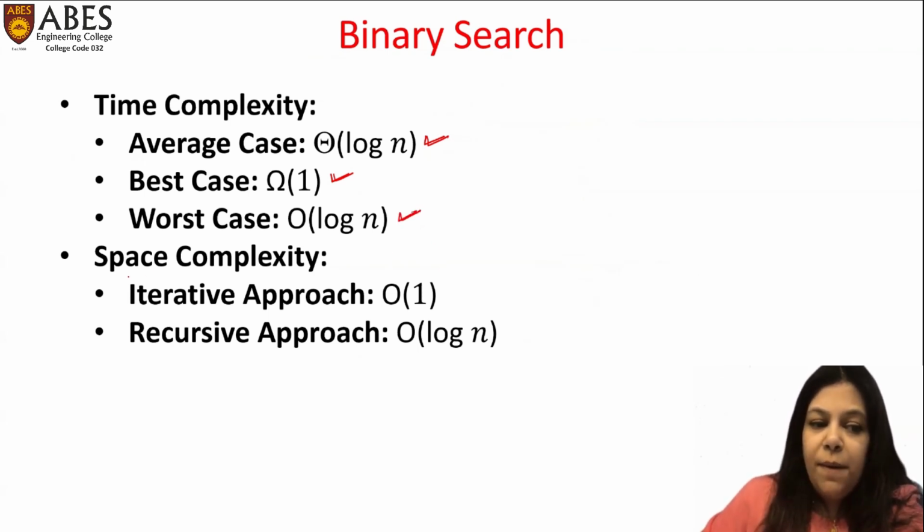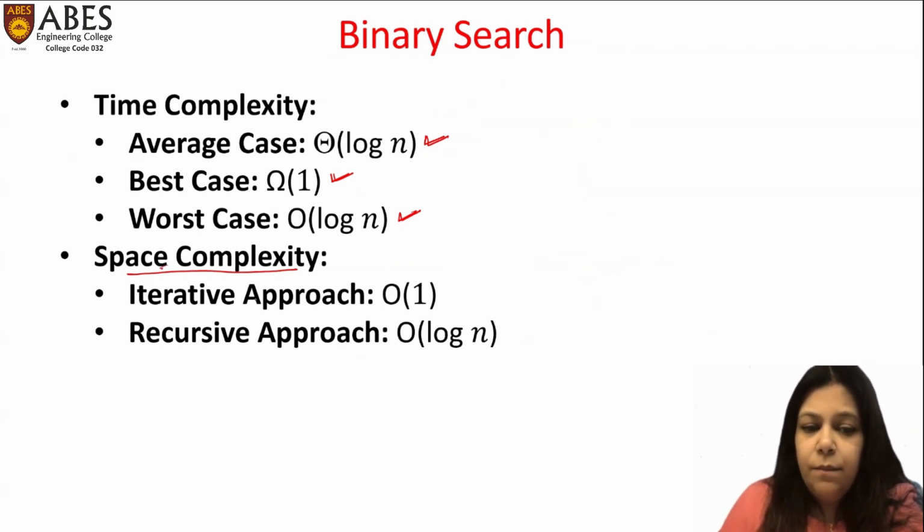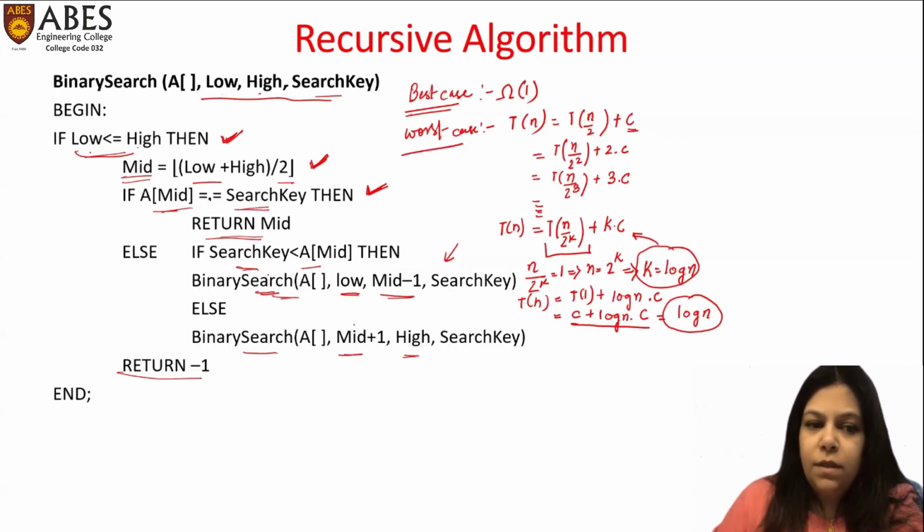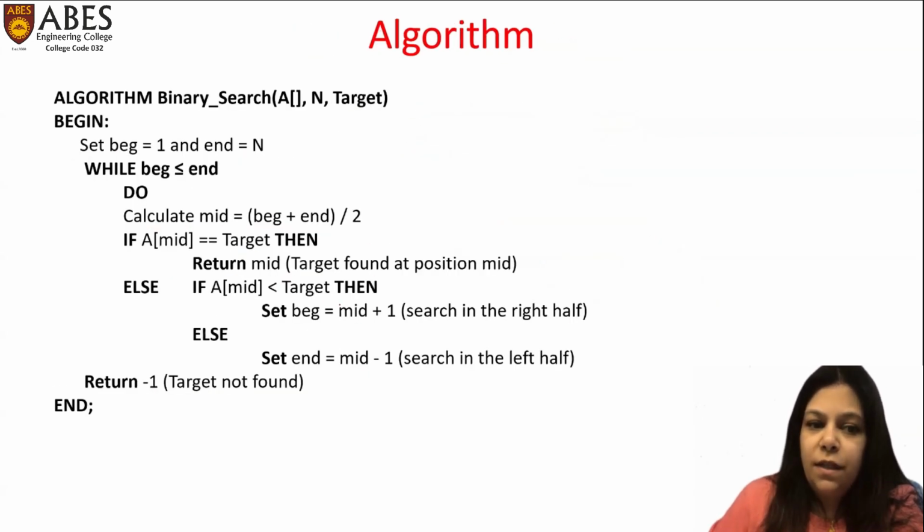Now, if we talk about the space complexities, we can see that in the iterative algorithm, we have taken beginning, end, and mid as the variables, which makes it a constant space complexity.